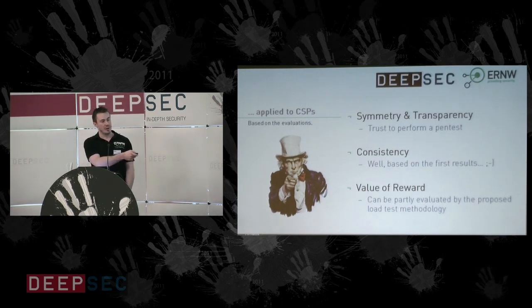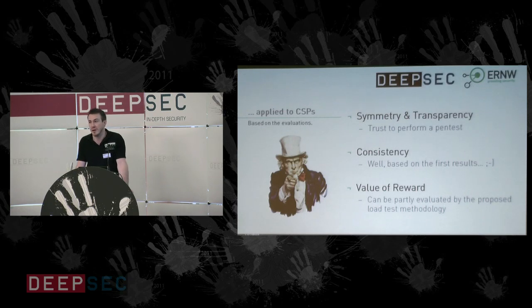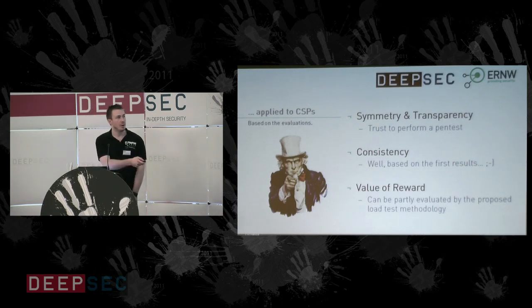Another relevant trust factor is consistency. So what happened in the past? How did the cloud service provider perform in the past? Were there security incidents? Were there outages, like the Amazon outages in, I guess, April and June? And also the past pen test results.